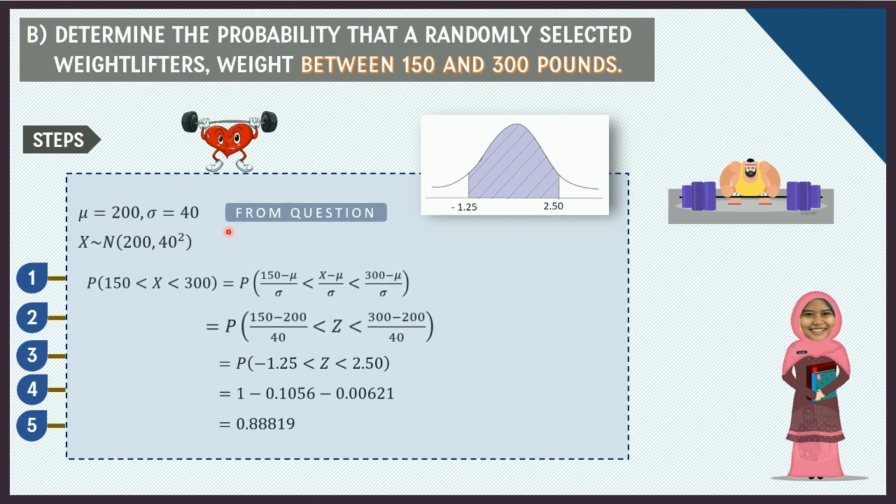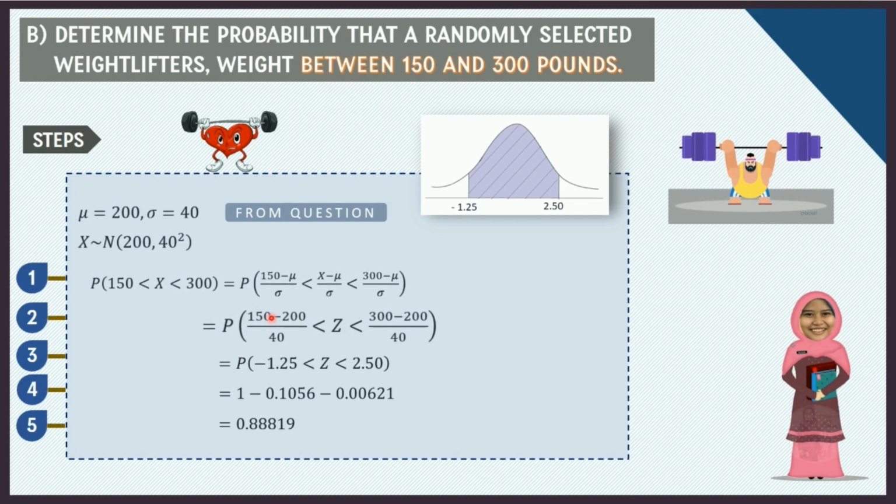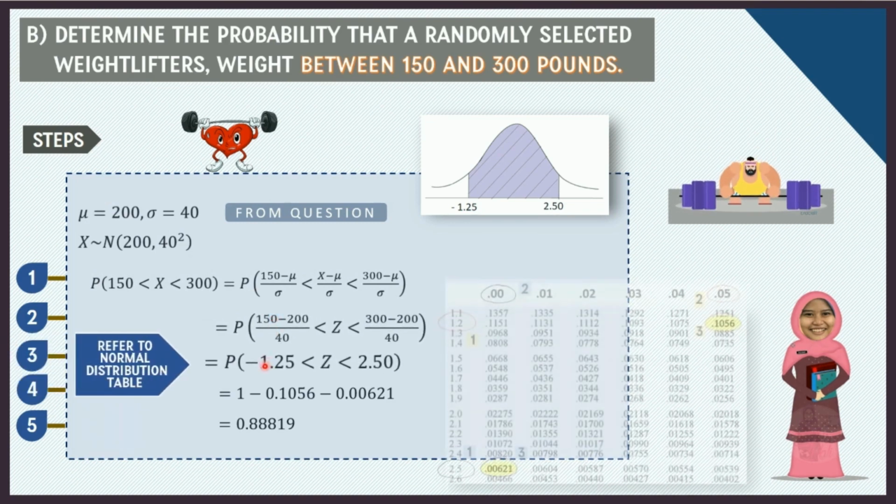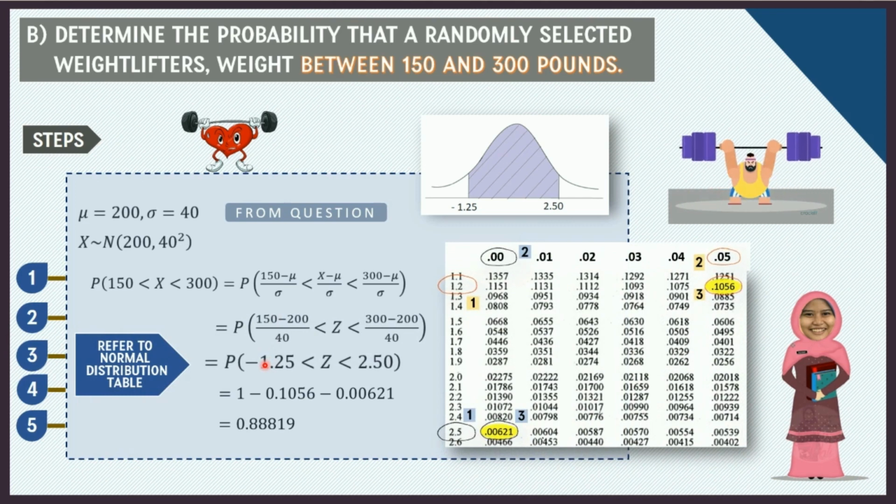Applying the formula z equals x minus mean divided by standard deviation, we will get the probability of z more than negative 1.25 and z less than 2.50. First, we need to find the value of z, 1.25, in the normal distribution table.